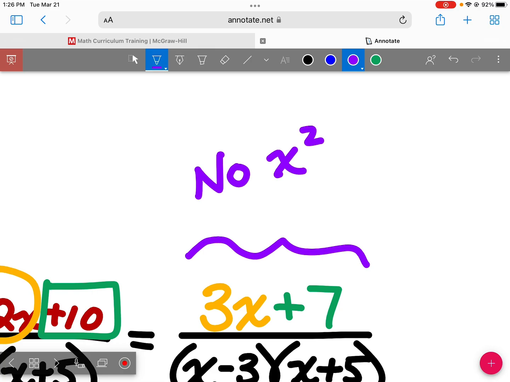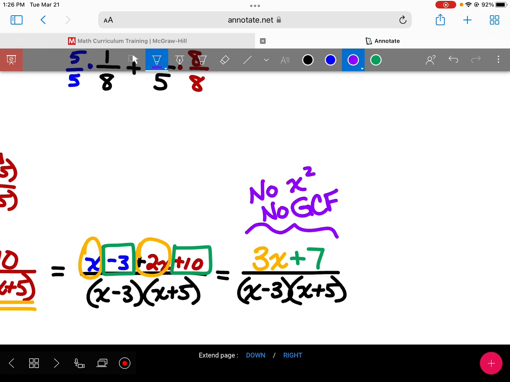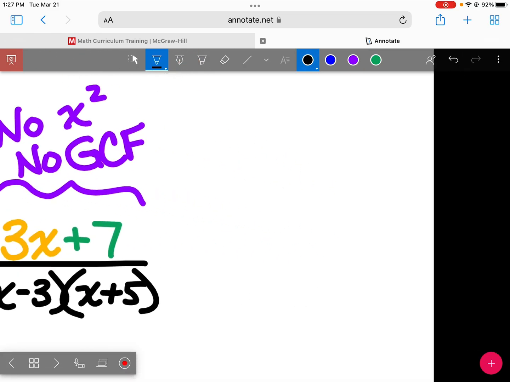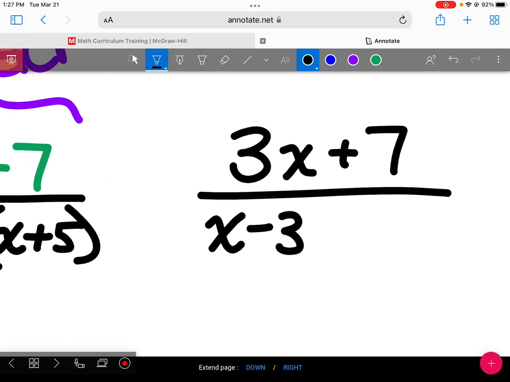Or I could look for what? We could look for difference of perfect squares. What do we always look for first when we're factoring? Is there a GCF here? Nope. It's not a difference of perfect squares. We don't have an x squared. There's no GCF. I can't factor that numerator any more than that. So my final answer would be 3x plus 7 over x minus 3 times x plus 5.